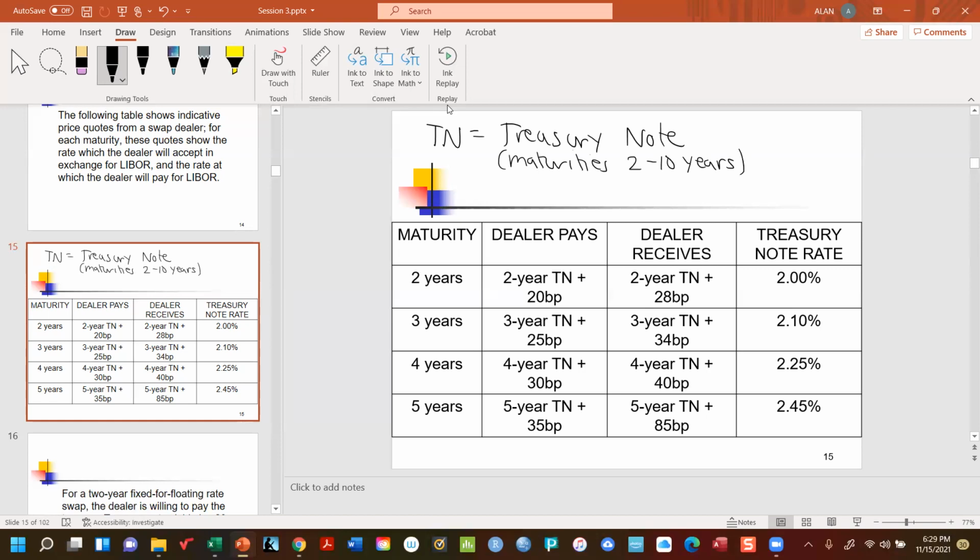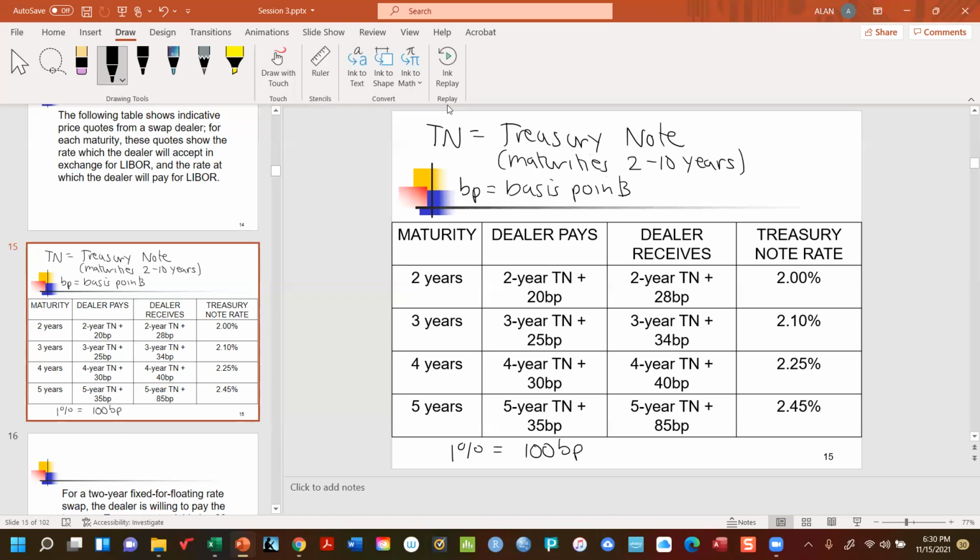So what they basically do is the starting point is the yield on that equivalent Treasury security, plus now BP here stands for basis points. And the way that works is 1% equals 100 basis points. It's a convention in the markets to call them basis points.